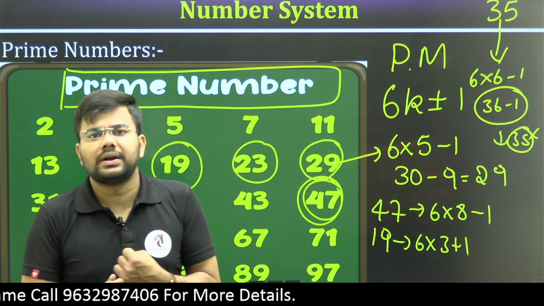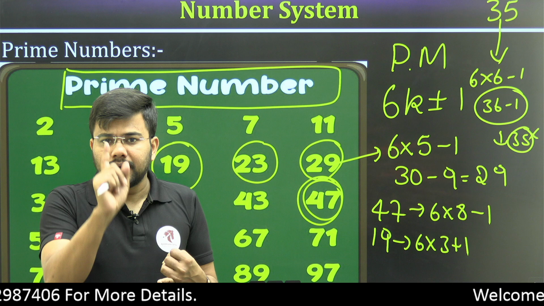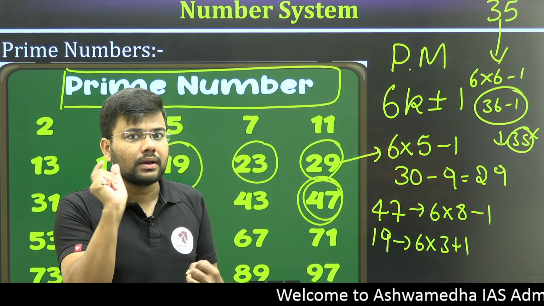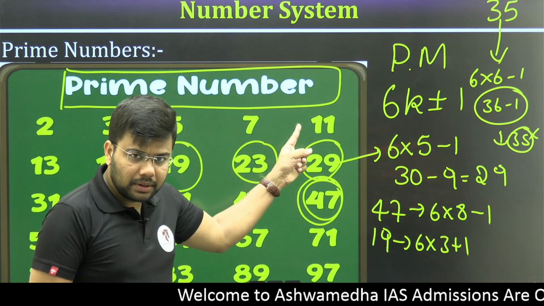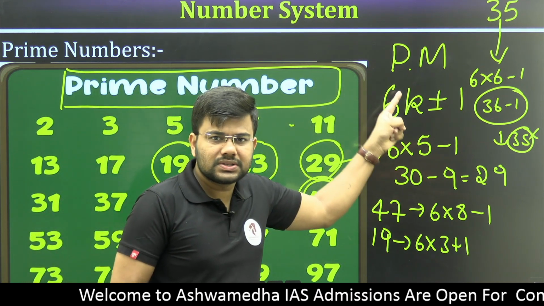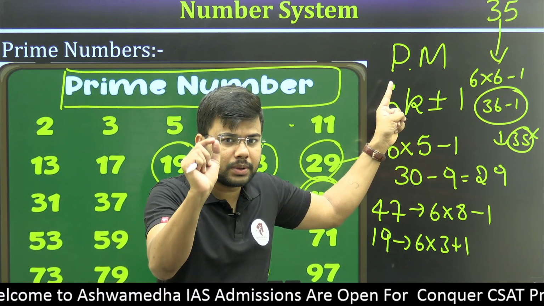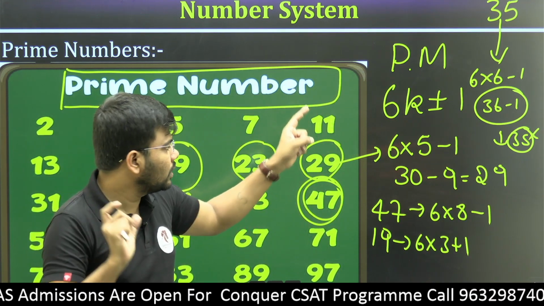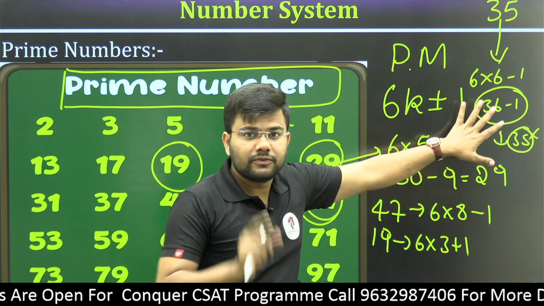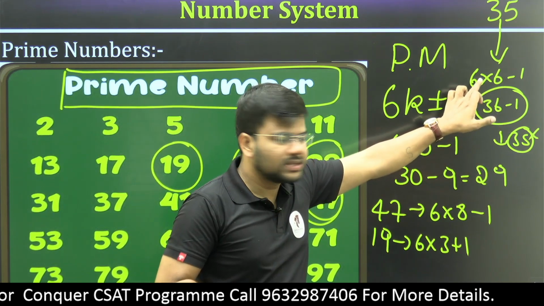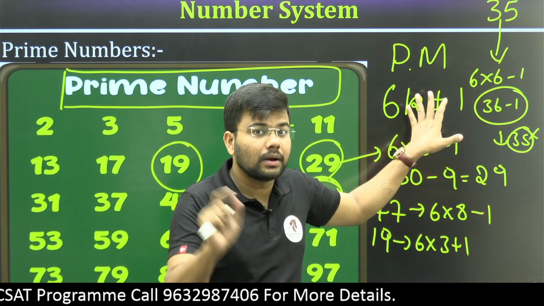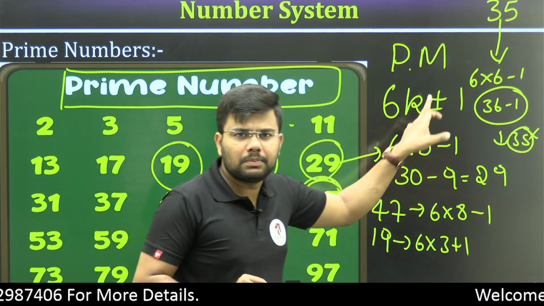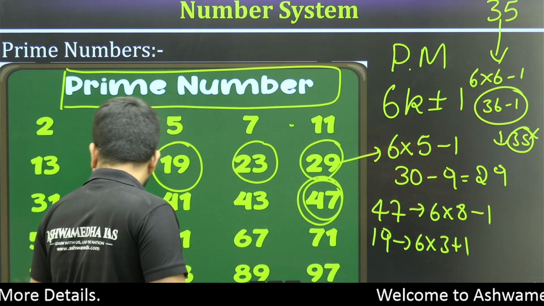So the conclusion is, any number represented in the form of 6k plus or minus 1 is not necessarily a prime number. But any prime number can be expressed in the form of 6k plus or minus 1. This theme has to be properly learnt by heart. I hope you have got the context. One theme is clear. Very good.